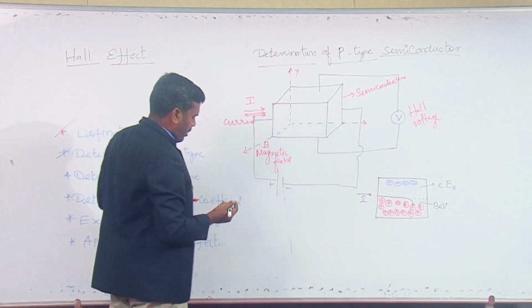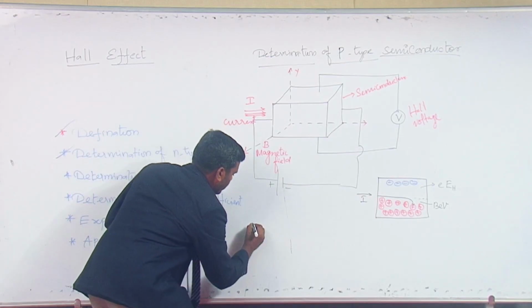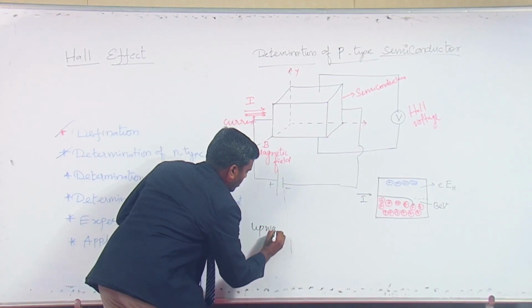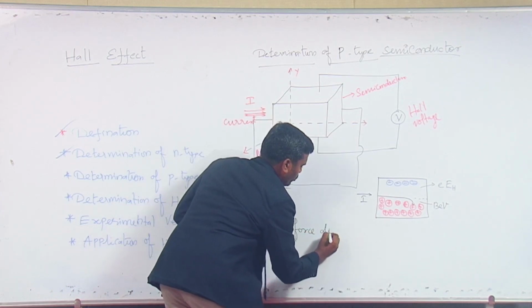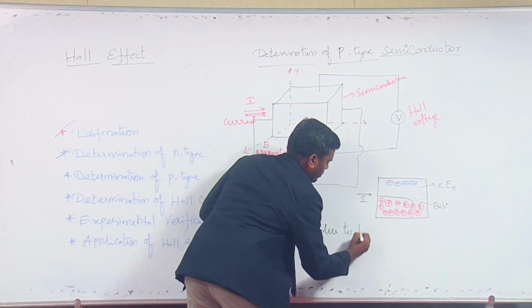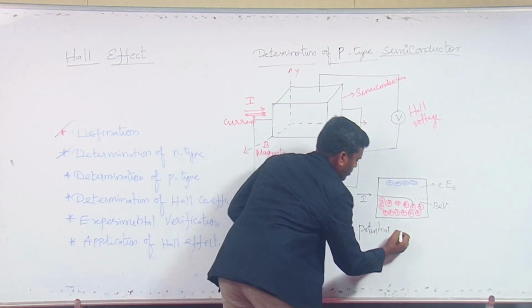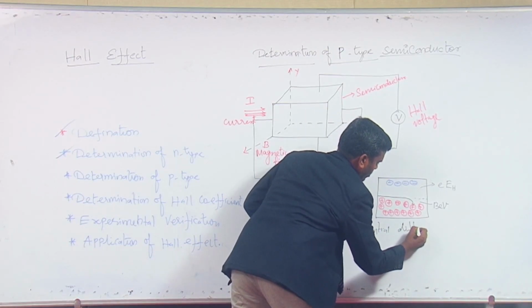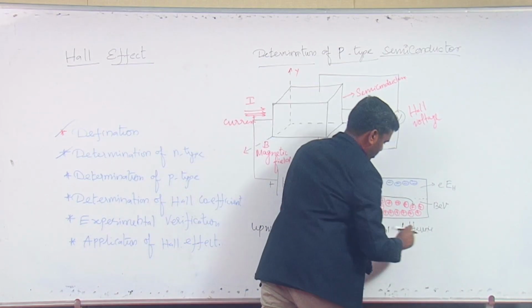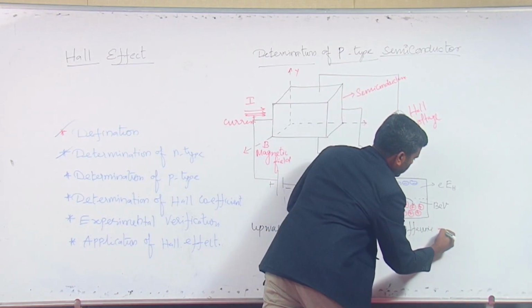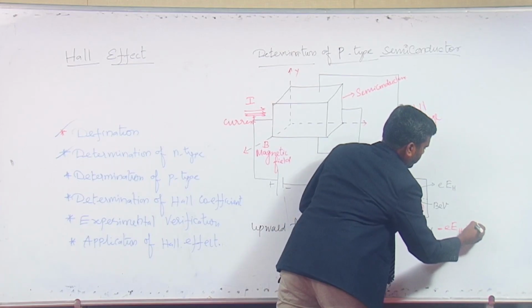Already you know that the upward force is due to the potential difference, which is E EH. This is equation number 1.